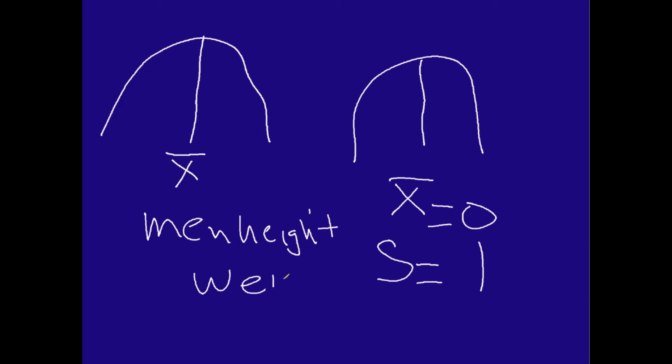Height is measured in centimeters, meters or inches, and weight in pounds or kilograms. Since they're in different units, it's very difficult to compare them. But when you standardize them using the z-score, you're able to compare men's height and men's weight for correlations and other things of that nature.